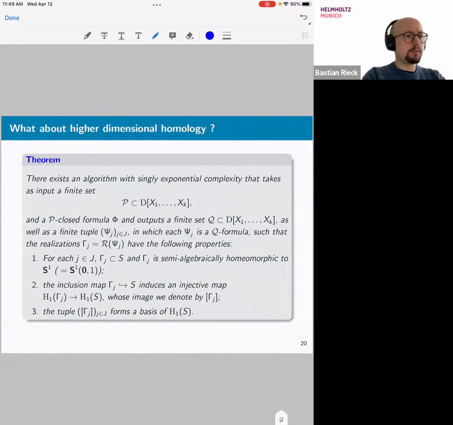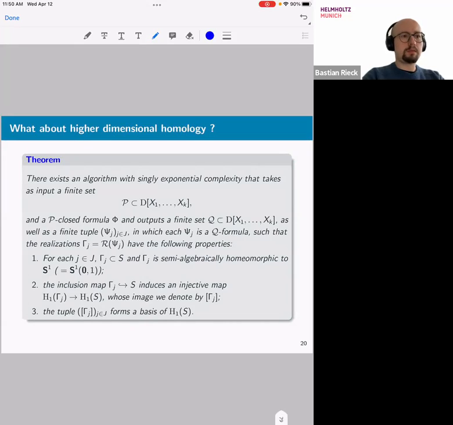So in the sense that if you're given a semi-algebraic set, we are able to compute a set of curves, gamma j, such that the images in the one-dimensional homology that these gamma j's represent form a basis of H1 of S.